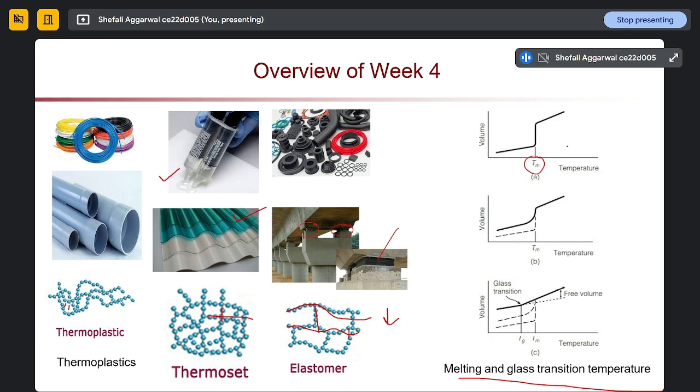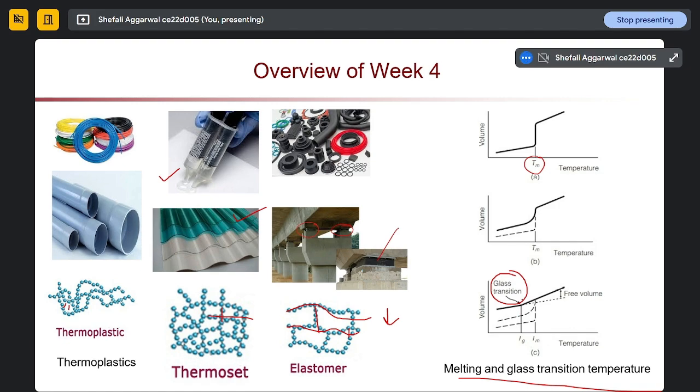The exact definition is when the molecules are no longer free to rearrange, their positions are fixed, and the free volume becomes zero. At that temperature, the material cannot come back to its original shape. That is the glass transition temperature.